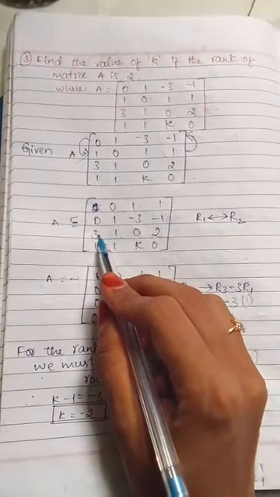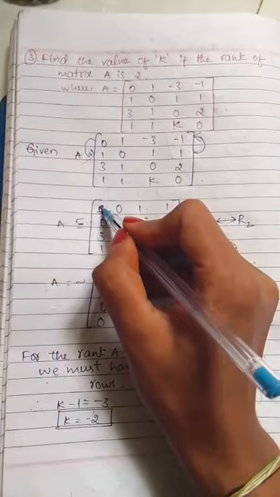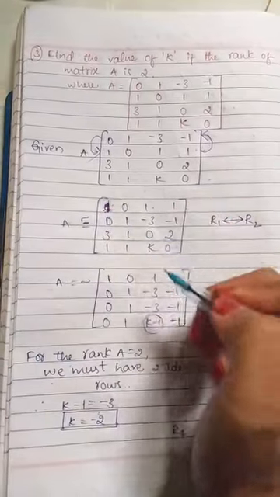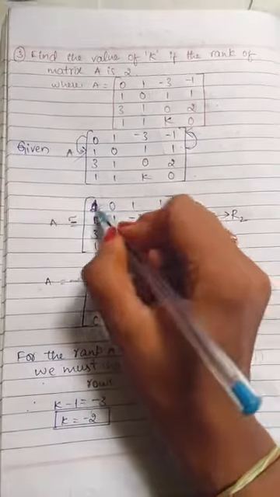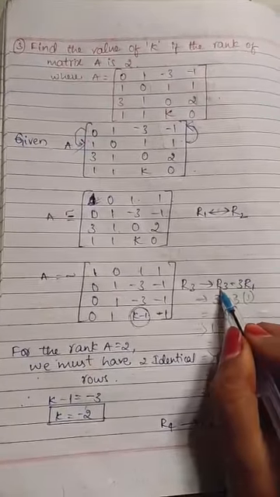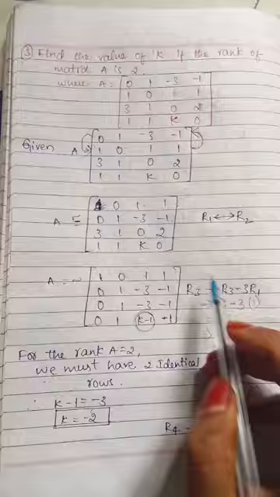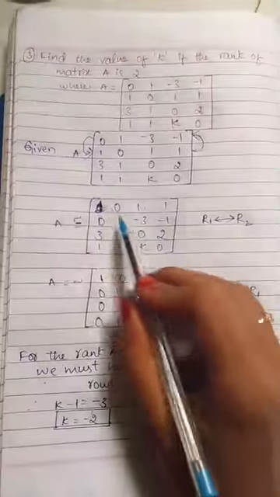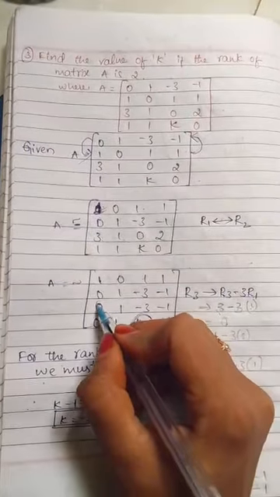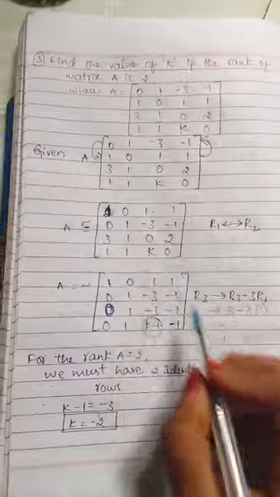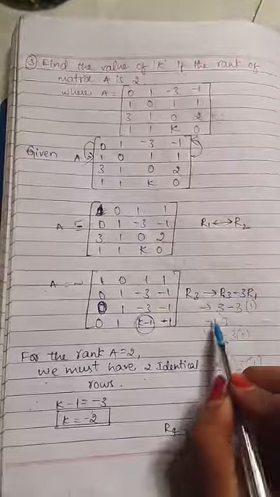R3 is 3, and 3 into R1 is 3 into 1. This value I have to change, right? R3 is 3 and 3 into R1 is 3, so 3 minus 3 is 0. This value will become 0. Then for all these values I have to apply this formula.